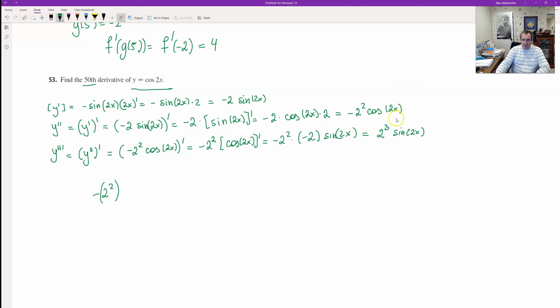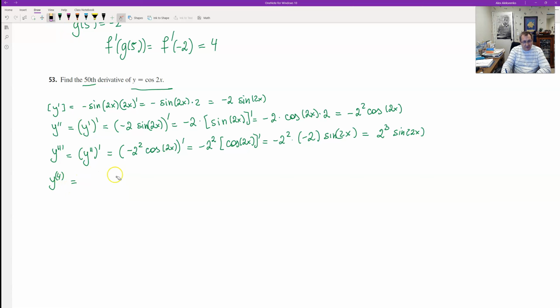And I guess to complete, maybe we should take one last derivative, the fourth derivative. I can use either Roman letters or I can use Arabic numbers in parentheses here.